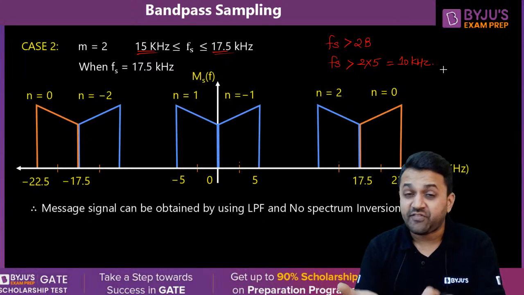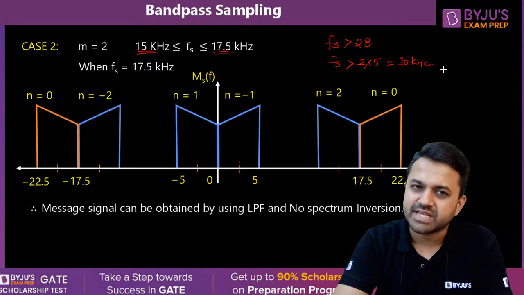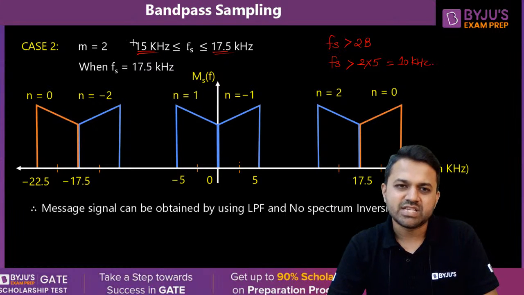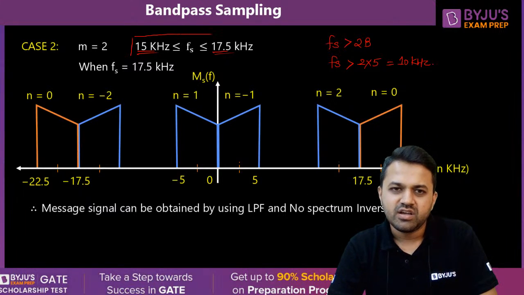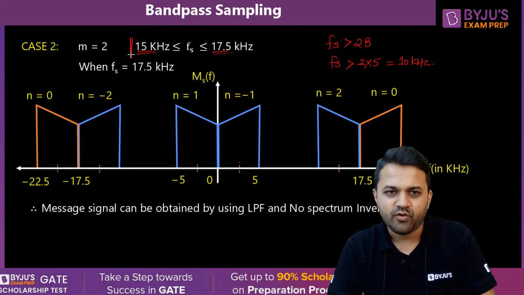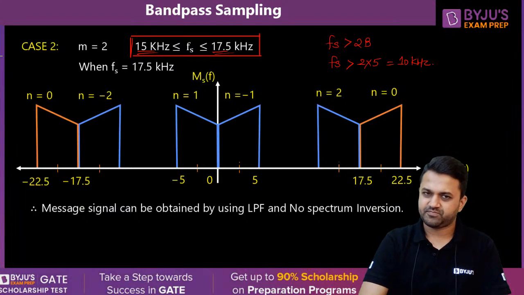Even if the Fs is greater than 10, and it is not able to recover our message signal, then it is of no use, because by the formula we are getting the sampling frequency ranging from 15 to 17.5.